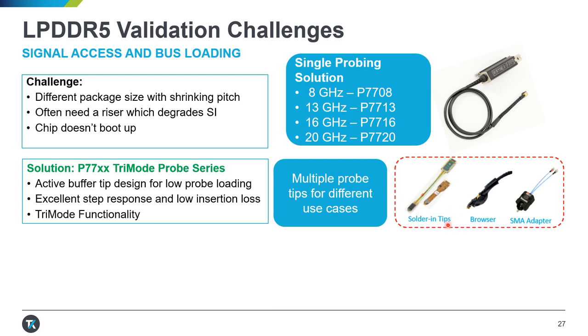It also supports tri-mode functionality. Tri-mode on this probe allows you to probe single-ended as well as differential signals with the same probe setup. You don't need to desolder the probes to do that. This can come in very handy to test the single-ended mode in LP5.